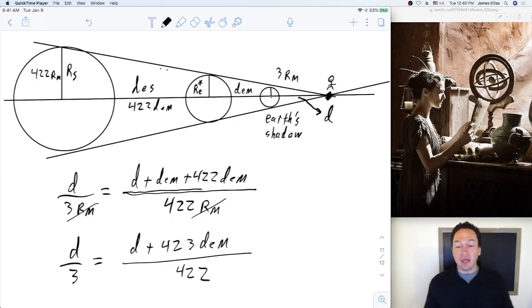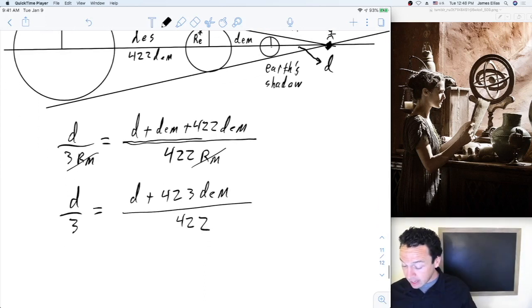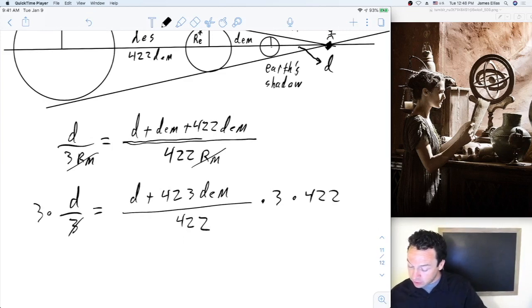Okay, so what he's done is he's written this out. Now he's going to multiply both sides by 3 in an effort to get rid of this 3 right here. Then he's going to multiply both sides by 422 in an effort to get rid of that 422 right there. Okay, we're just doing some algebraic manipulation.